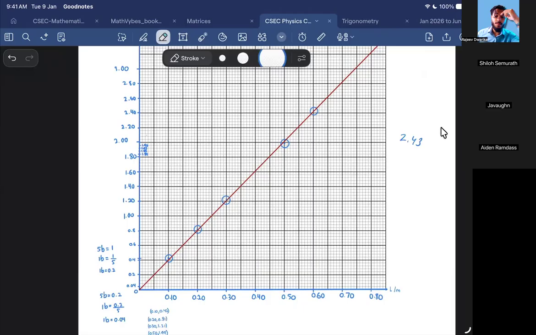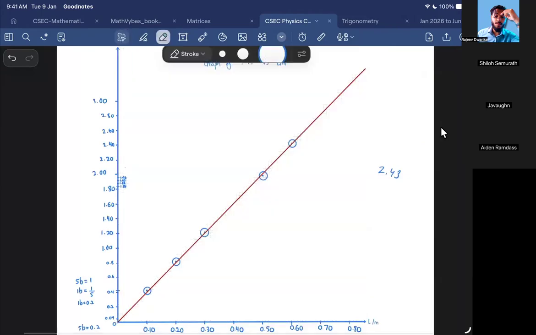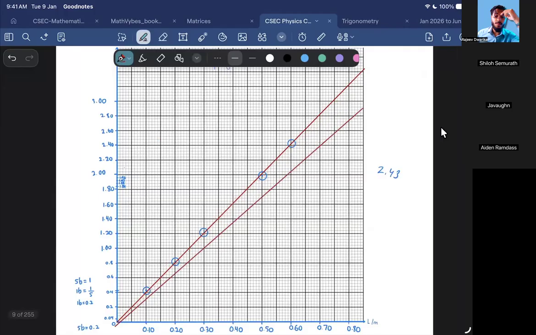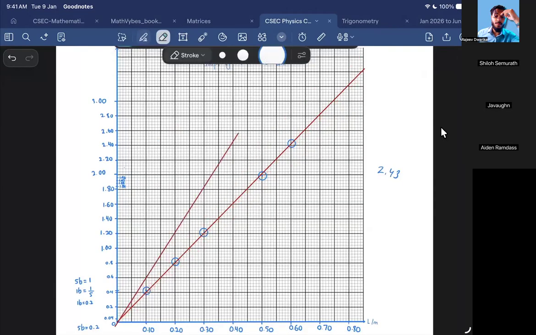That's good, best fit, right? If I did something mad like this, do you think it'd be acceptable? Watch. No. Listen. In the best fit line, your line needs to sort of be in the middle of the data points, to be an average, because the best fit is essentially an average of the data you collect.